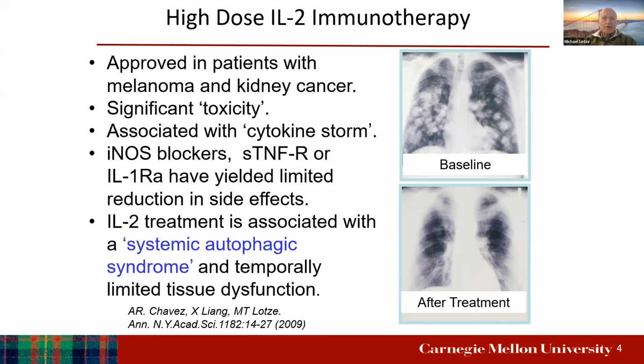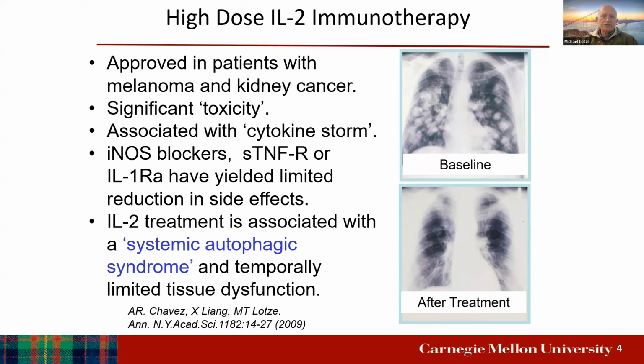Unfortunately, as a high-dose regimen, IL-2 is associated with significant toxicity, substantial toxicity that occurs in the lung, the brain, the heart, the liver, the kidneys. Virtually every organ is affected transiently.